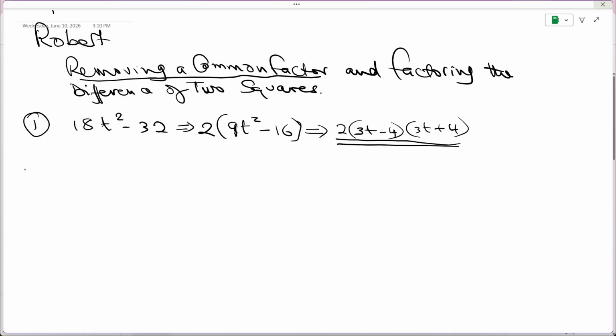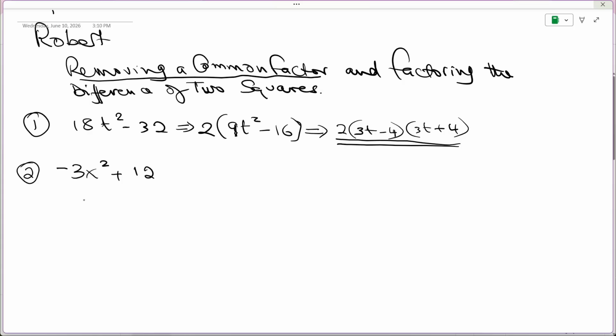Okay, let's try another example, which is a little bit more tricky. Minus 3x squared plus 12. Now, in this case, we will say, okay, let's remove a common factor.